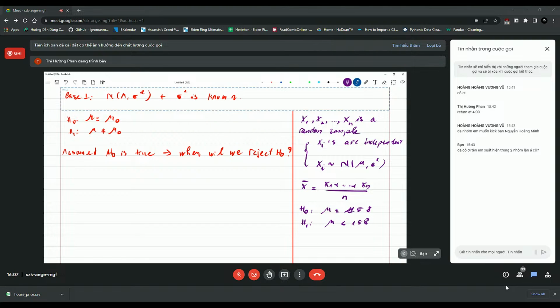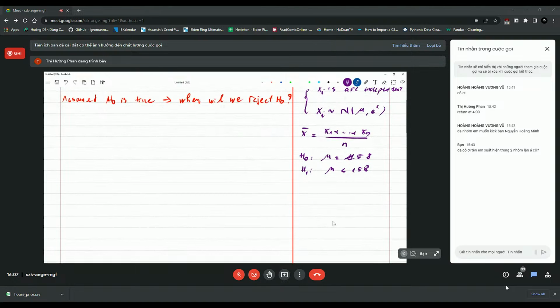Suppose that I consider a sample of 100 students in our university. From the sample of 100 students, I have the average height. Suppose that I observe the average height of the given 100 students is 158.1 centimeters.